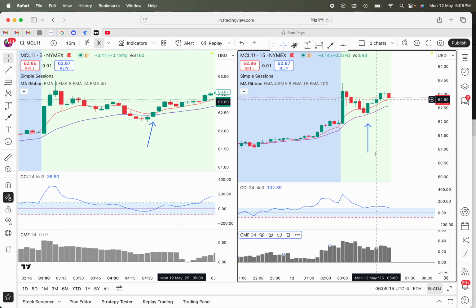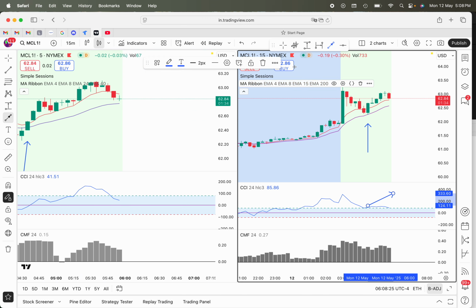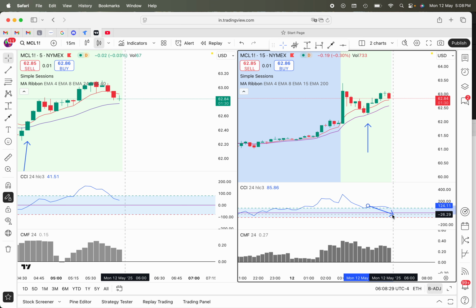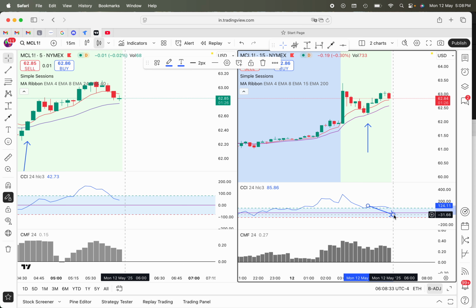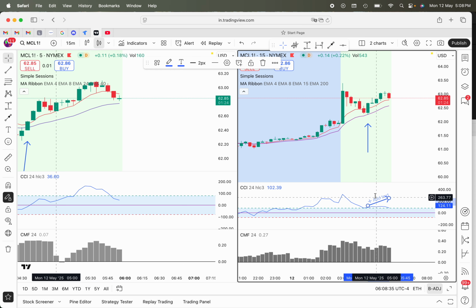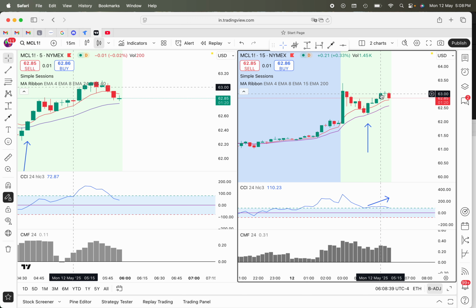That's how I would do it, providing the CCI is above and flat or pointing upwards. If it's pointing downwards, I'm certainly not going to enter long with the CCI pointing downwards. So they're the conditions that have to be met. So right here was a long. Okay, this is crude oil on a 15-minute chart.